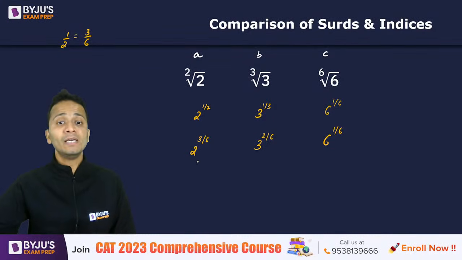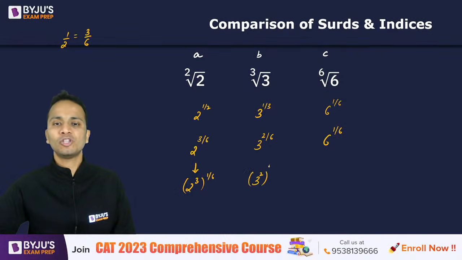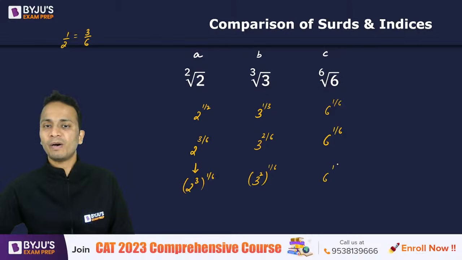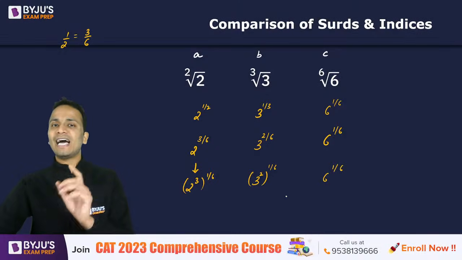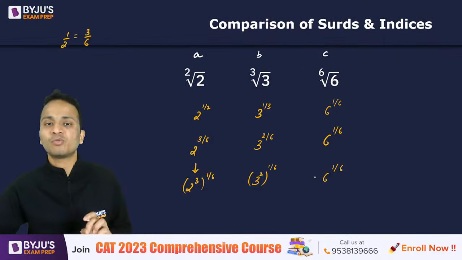Now, this can be written as (2 raised to the power 3) whole raised to the power 1 upon 6, next (3 raised to the power 2) whole raised to the power 1 by 6, and finally 6 raised to the power 1 by 6. So now you can see that all the powers have become equal: 1 by 6, 1 by 6, 1 by 6.